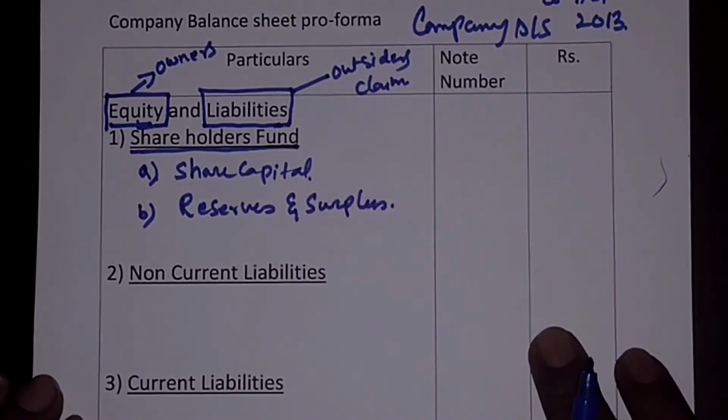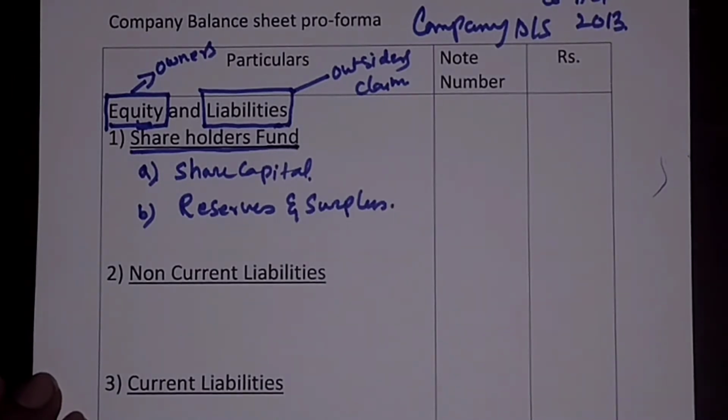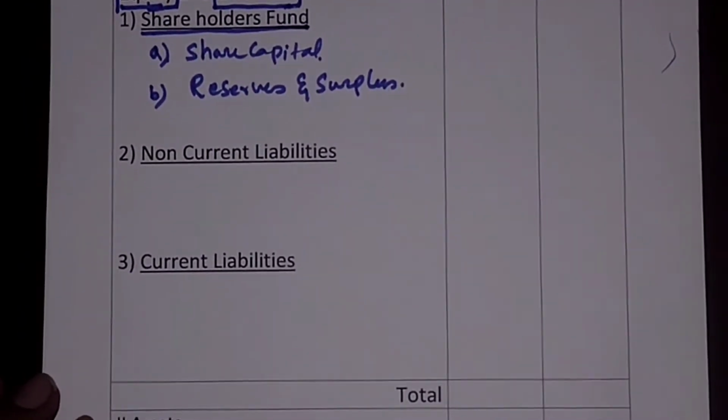Even some other entries are there which I am avoiding because in problems they are very rarely given, so I am giving only the recurring entries which are asked frequently.